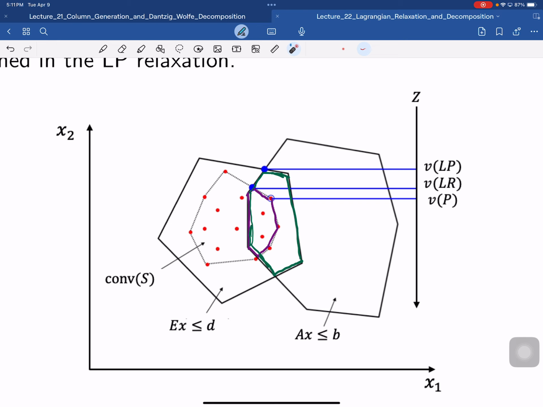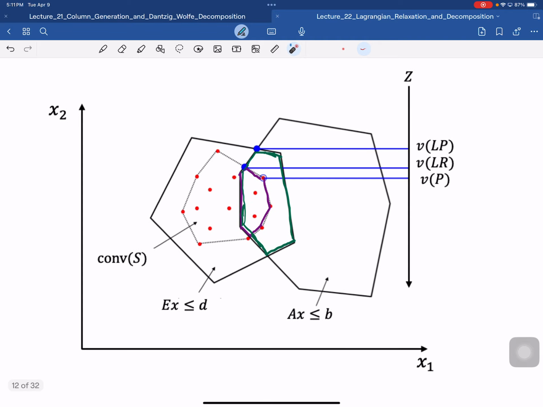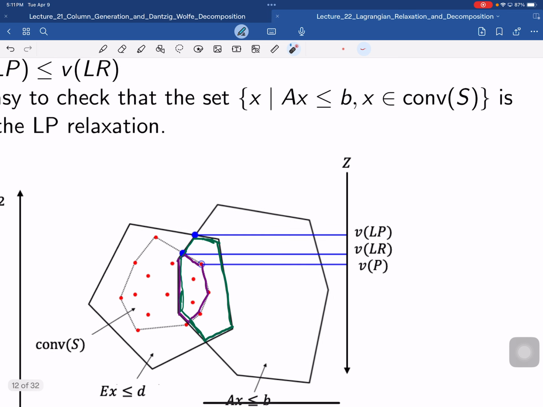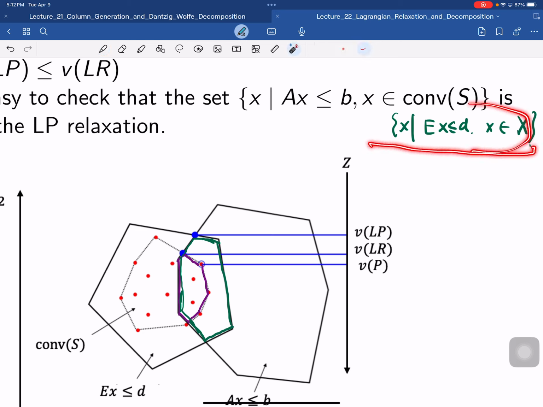Recall that in the primal characterization of the Lagrangian relaxation, you are taking essentially Ax less than or equal to B intersect with the convex hull of the set X. This set X is described by Ex less than or equal to D and x integer. So let's check what this convex hull is.